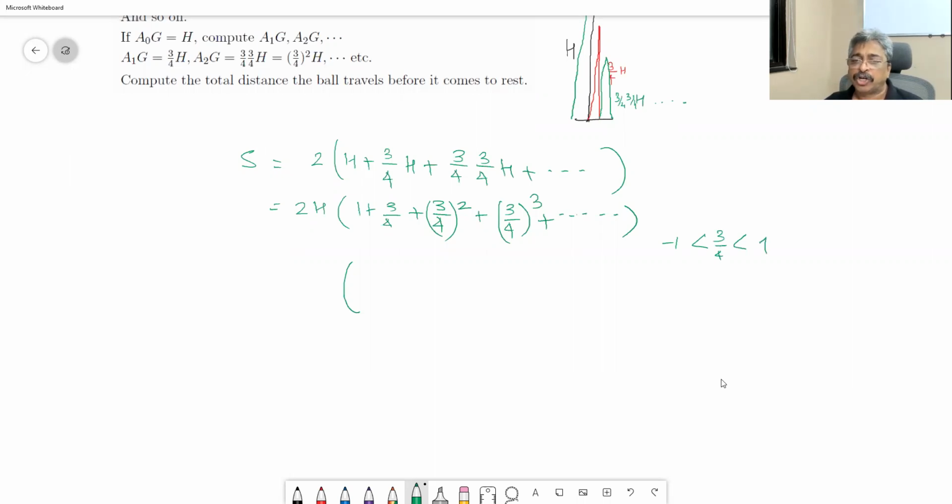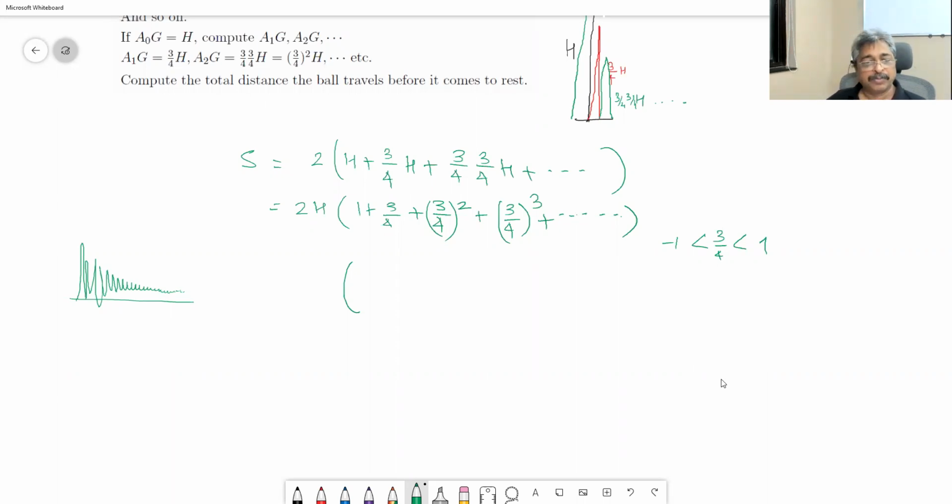Whenever this is dot dot dot, it is tending to infinity. So the ball is going to be endlessly bouncing, and eventually we say that it has come to rest, but practically, for theoretical purpose, it is still bouncing.